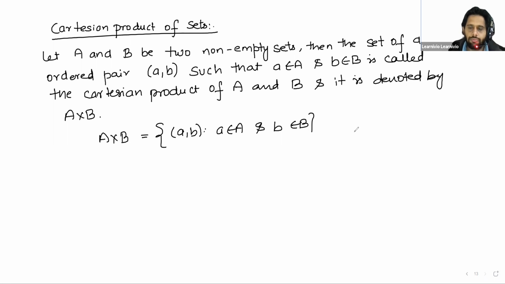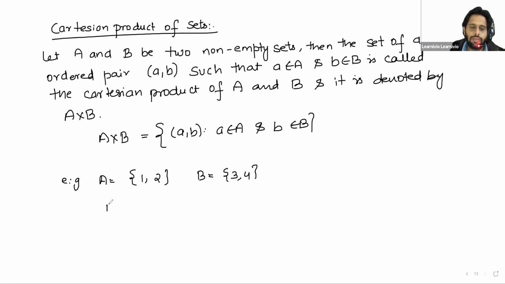Okay, so what is a Cartesian product? We will take an example. Suppose we have a set A that is equal to {1, 2}, and a set B which has the values 3 and 4.